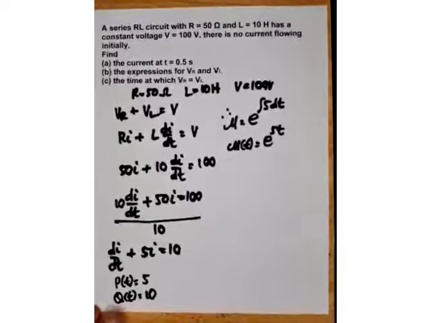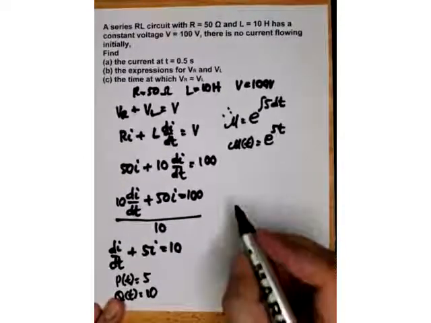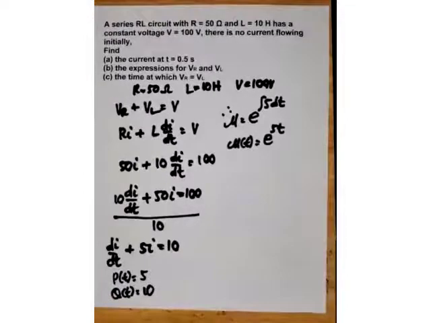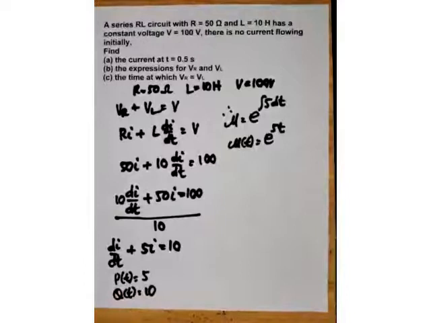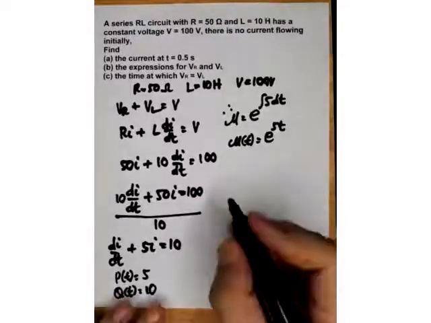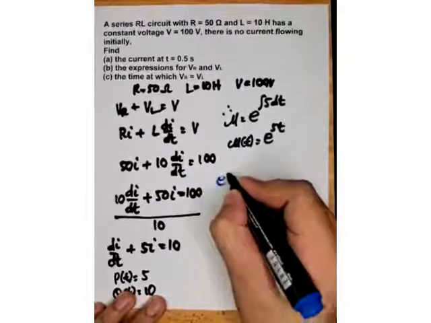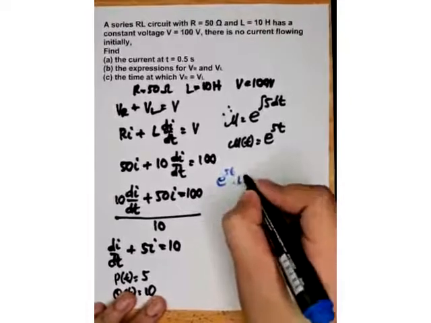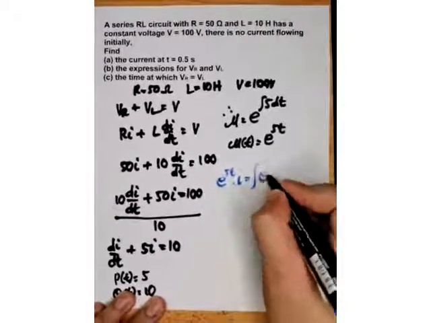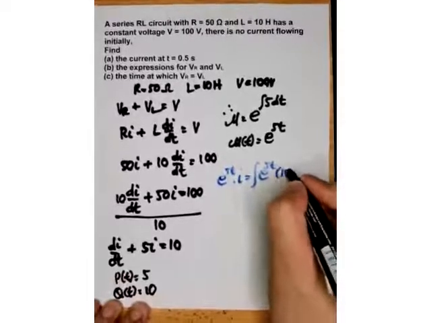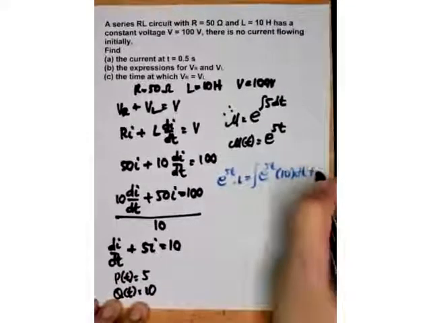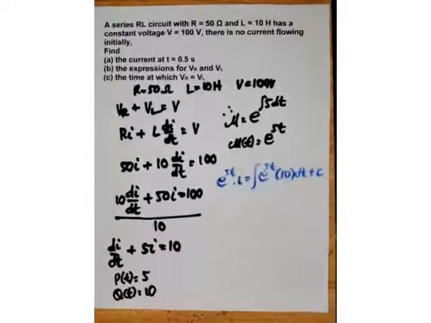Applying the linear equation formula, e raised to 5t times I is equal to the integral of e raised to 5t times 10 dt plus c.